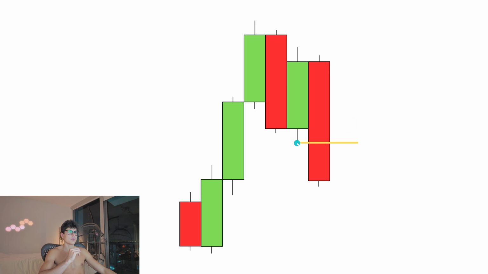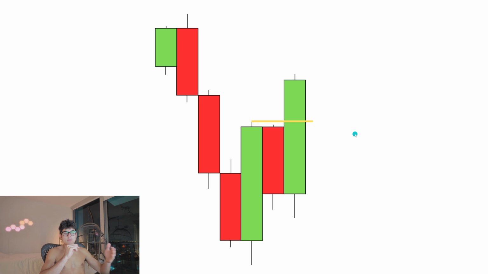So for the first example, how simpler can it get? It's simple, but yet it's very, very effective. If we close below a low, on any time frame, we have broken structure to the downside. If price breaks above a high, it has now broken structure to the upside.